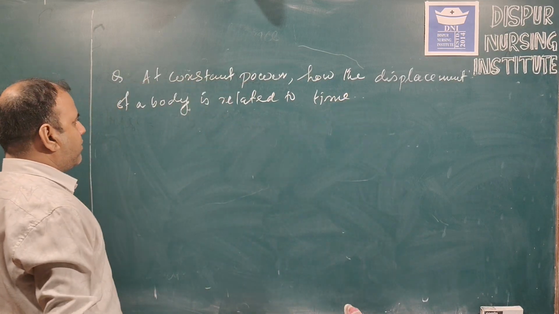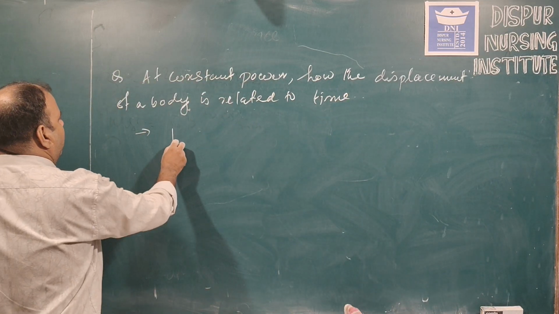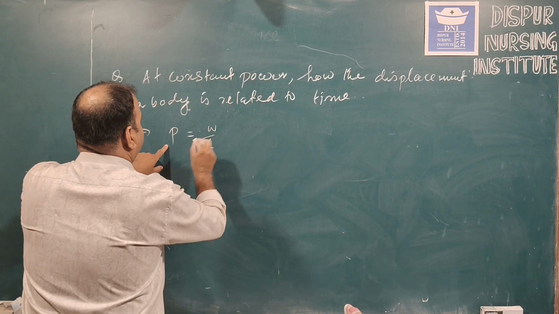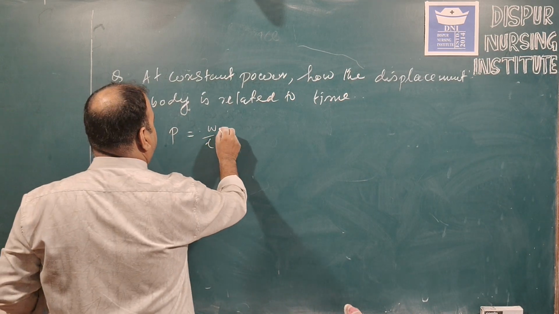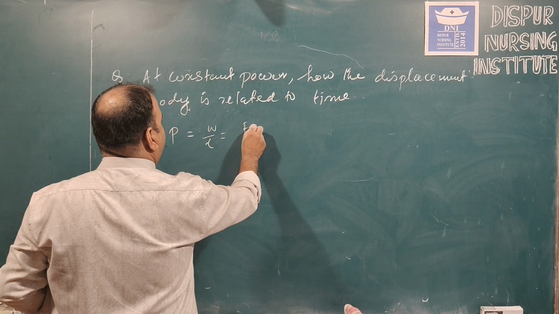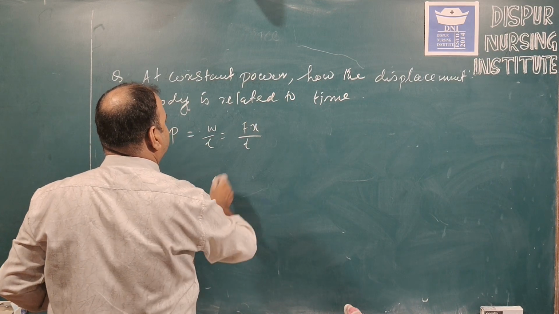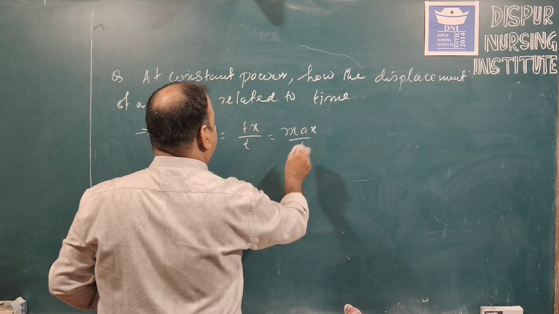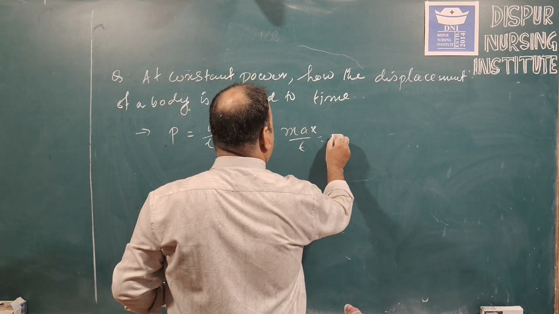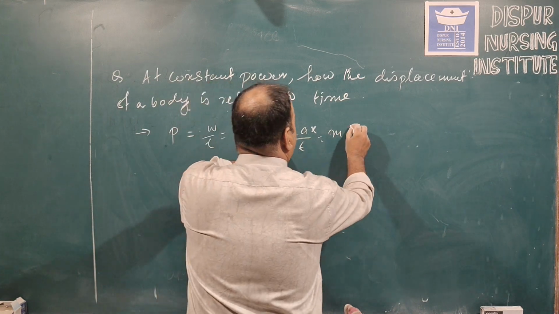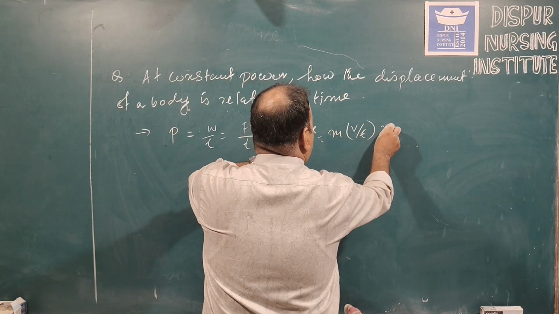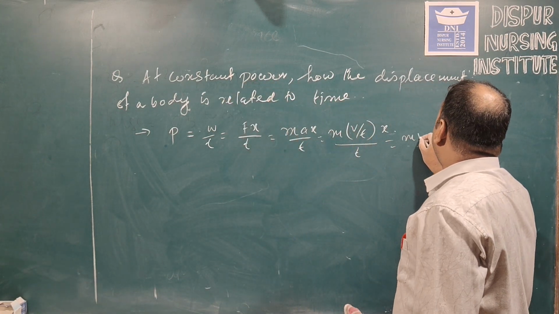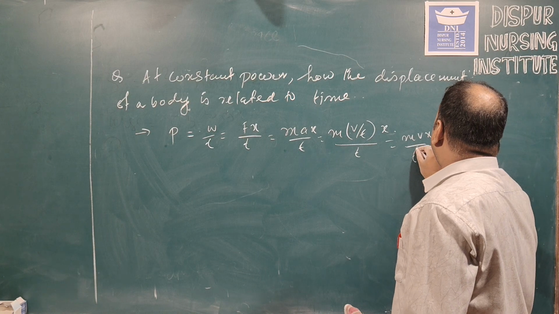So at constant power, you can see here power is equal to W by T. In this case we can write W means F into X, already we know. So here F means m into a. In this case a means velocity divided by time, here X divided by T. So we can write m v x divided by T square.